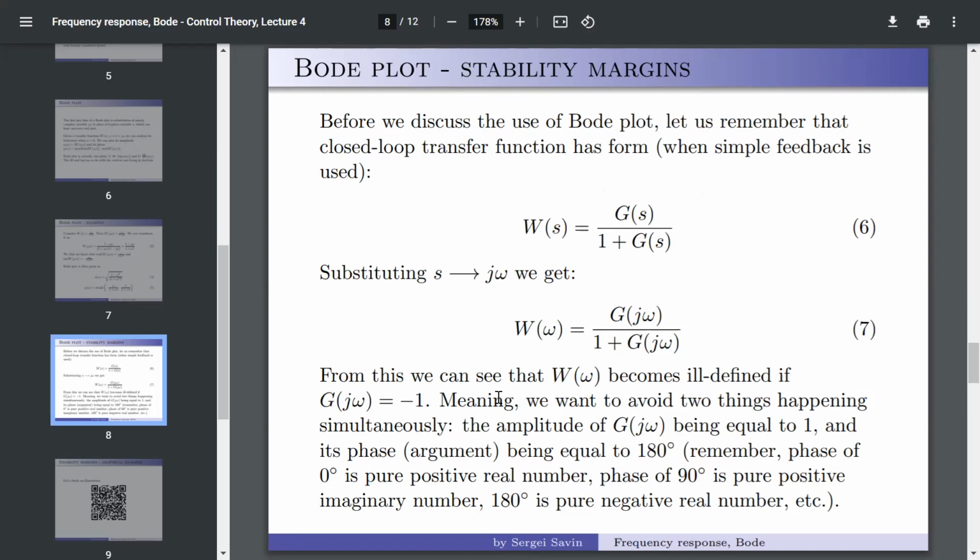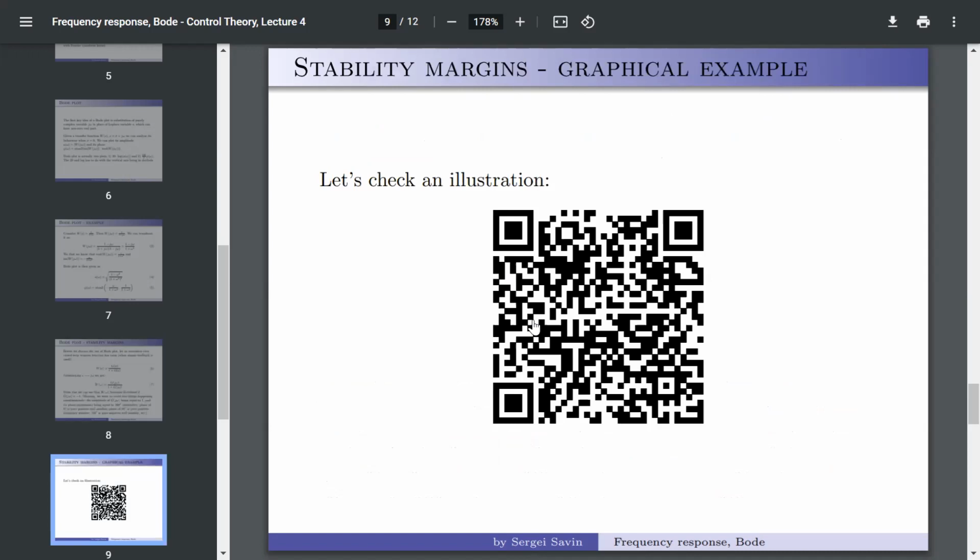But what I'm saying is that when you consider the amplitude and the phase, we only care that this is a complex value, not what g is exactly as a function. No, we care what g is exactly as a function, even when considering the condition that g is -1. Yes. You will see it in a second. Let me show you an example of how we do a Bode plot.